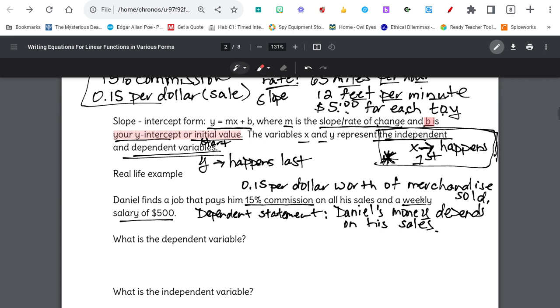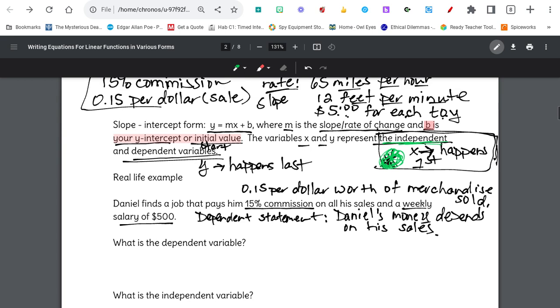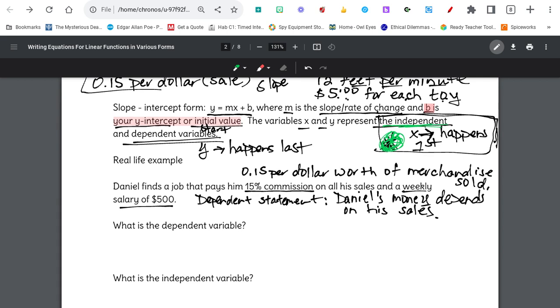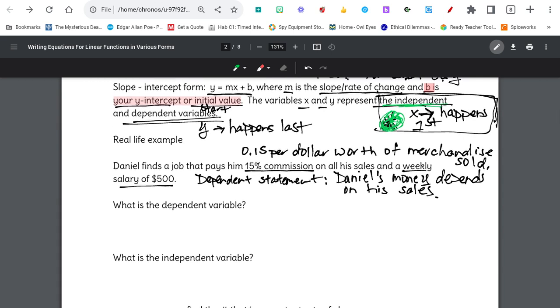Okay, now I also told you something else up here. So look up here. I'm going to mark it in green. Right in here. I said X, or your independent variable, what happened first. So before Daniel can get paid, Daniel has to sell something, okay? I'm going to go down here to this question where it asks what is the independent variable. Independent variable is X. Again, it's the thing that happens first.